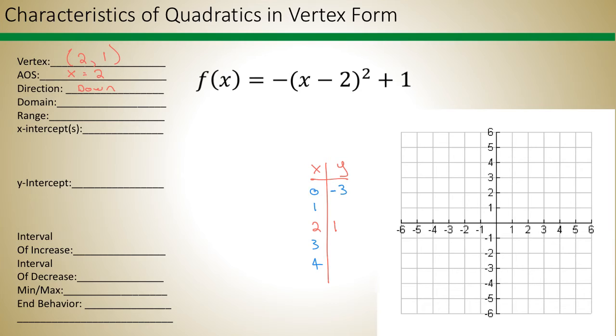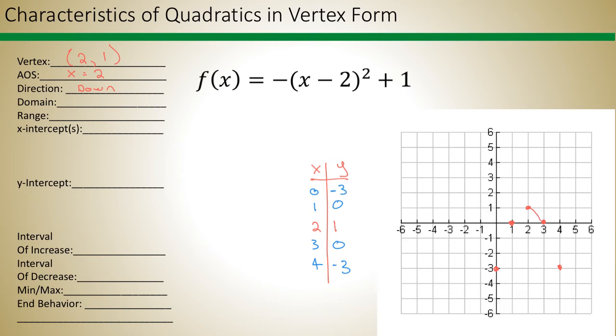If I substitute 1 in, that's actually going to give me 0. 3 is also going to give me 0, and 4 is going to be -3. So here are my points: 0, -3; 1, 0; 2, 1; 3, 0; and 4, -3.